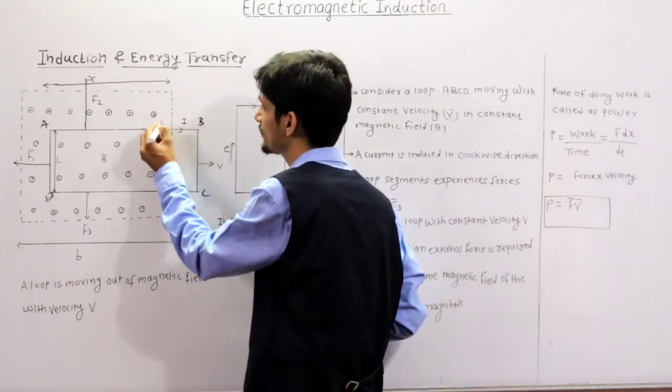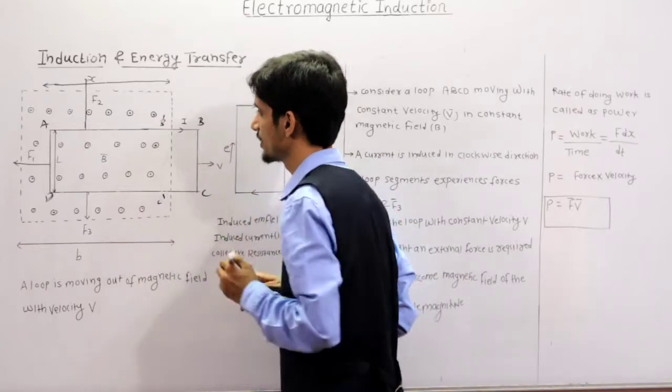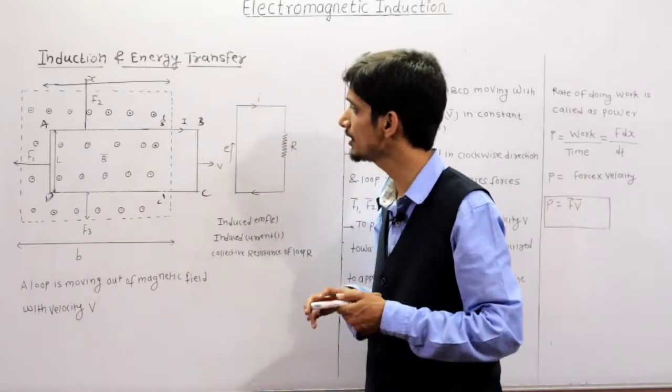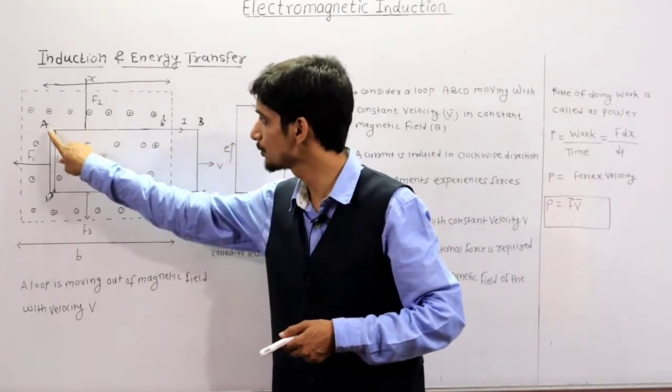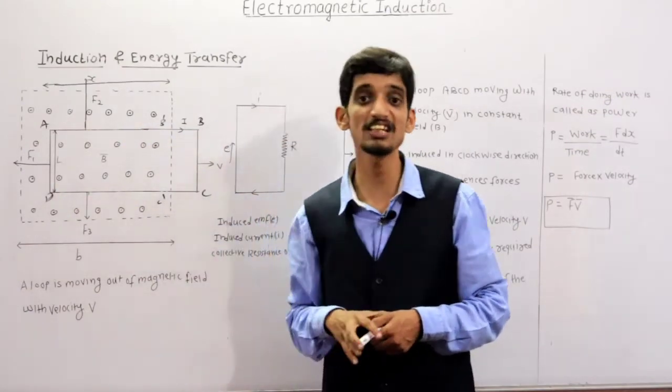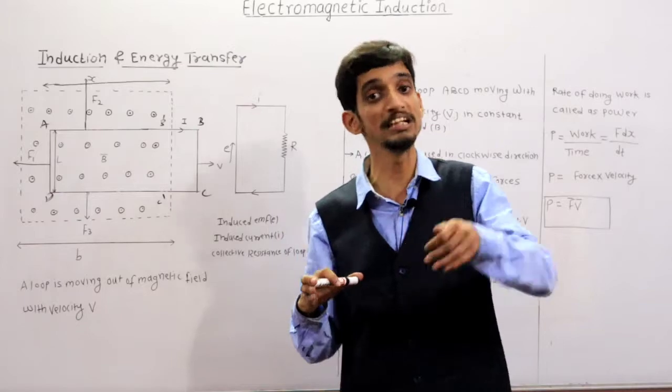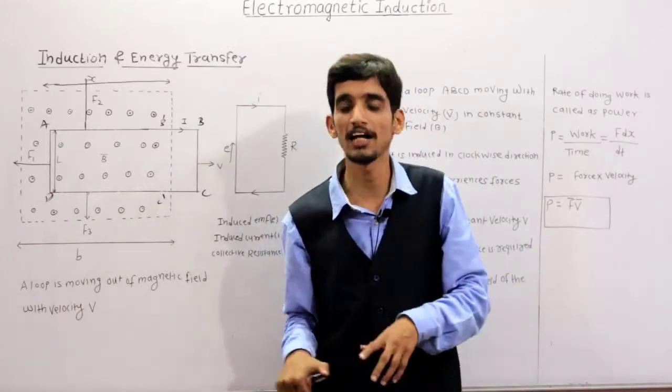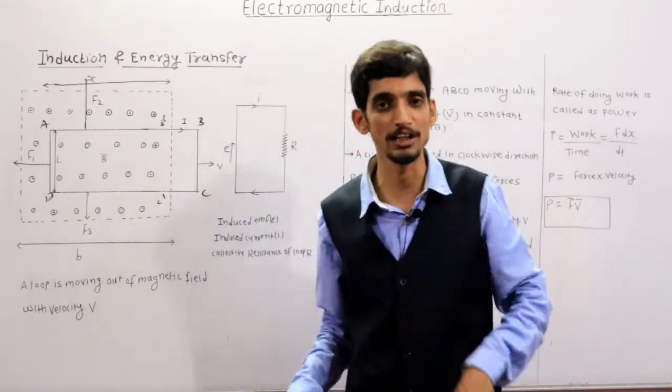Suppose this is B, then this is B dash and C dash. So the initial loop is present only in this area, A, B dash, C dash, D. This is the initial position of the loop inside the magnetic field, and that magnetic field is uniform.